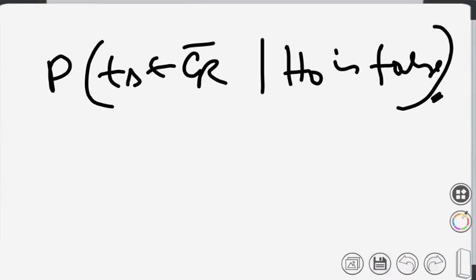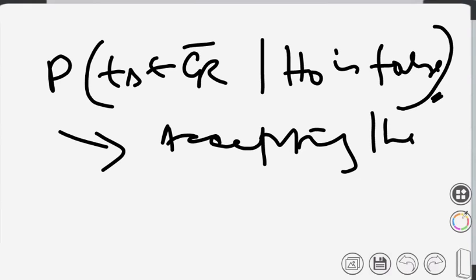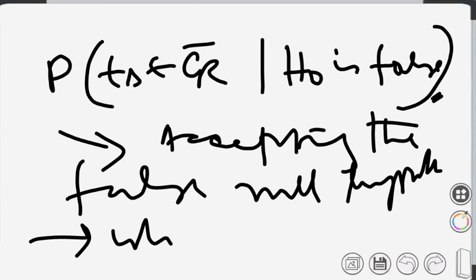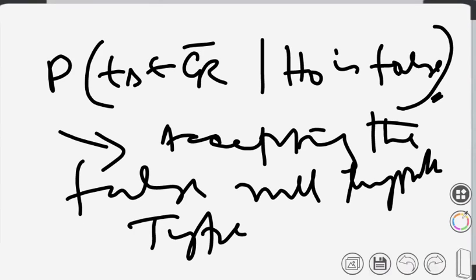If the value of the test statistic falls in the acceptance region, the null hypothesis will be accepted. So we are accepting something which is false, the false null hypothesis. This is bad, and this is called type 2 error.